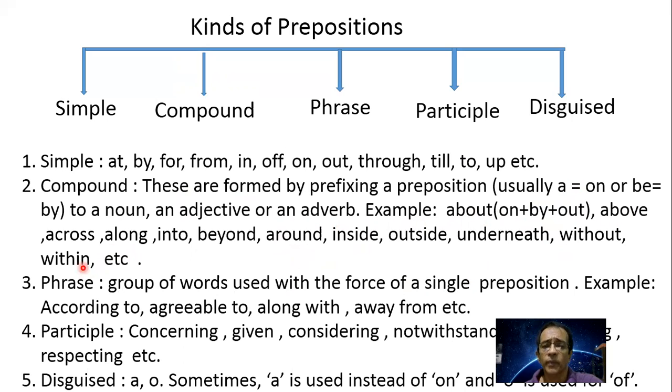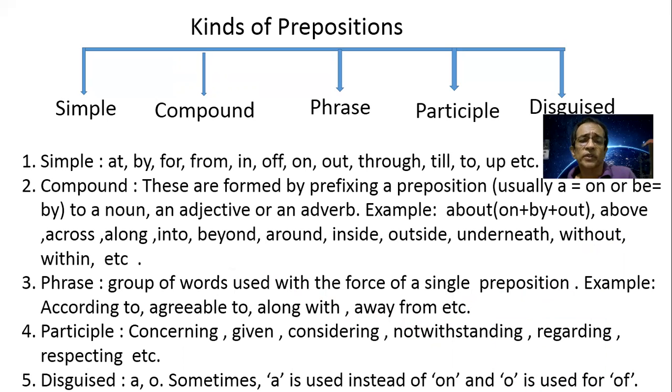And then phrase prepositions, a group of words used with the force of a single preposition. Example, according to, agreeable to, away from. These are phrase prepositions. And then participle prepositions, as I told you earlier: concerning, given, considering, notwithstanding, regarding, respecting, etc. Then disguised preposition, a or o.